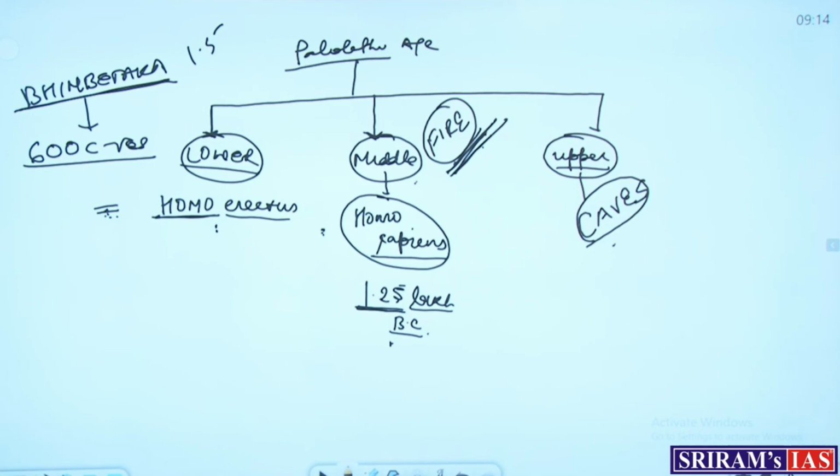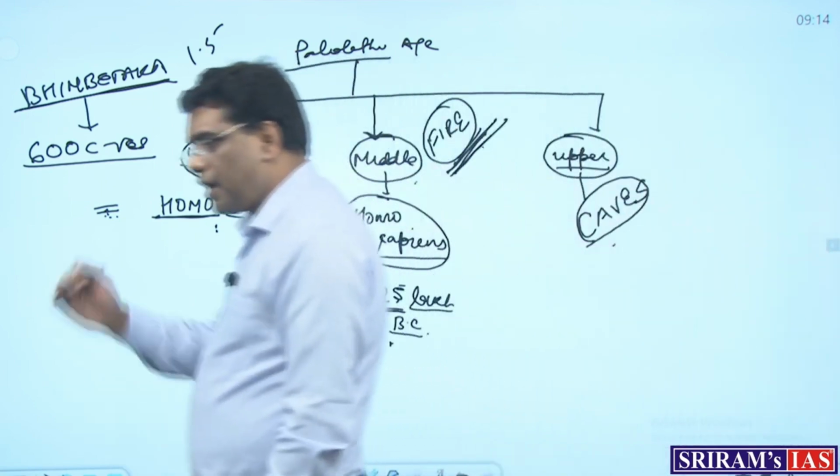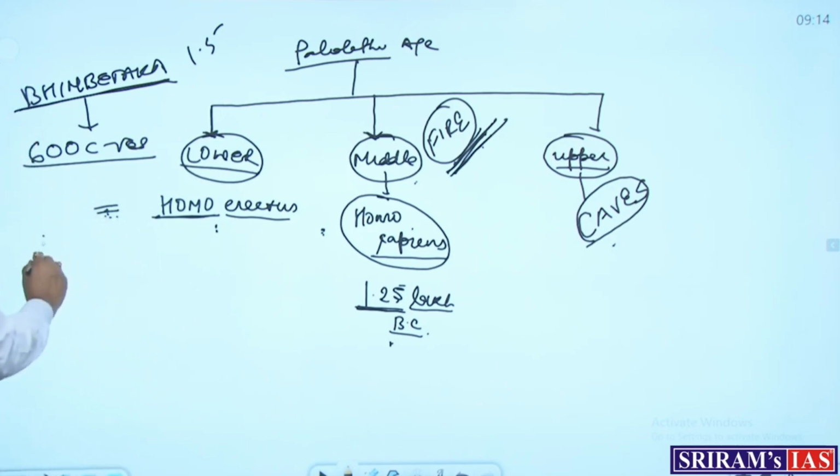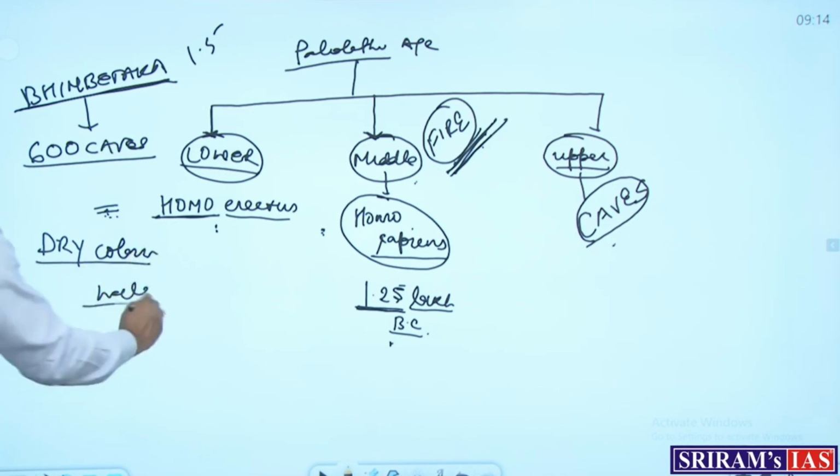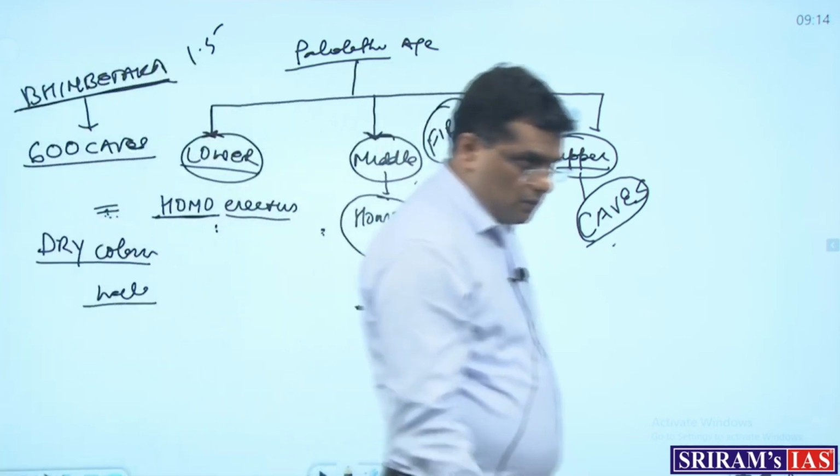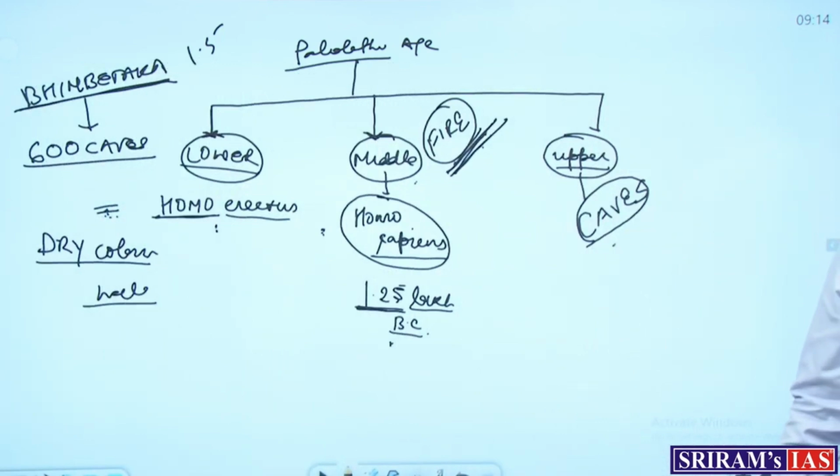Dry color was used on dry walls. Because of oxidation of color, it still survived.